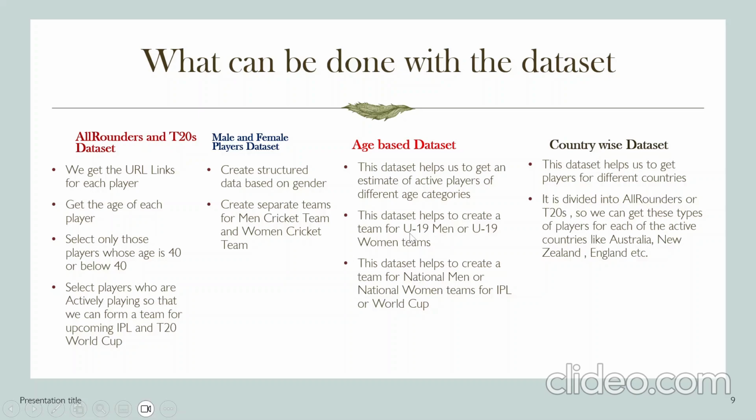And the cricketers who are older than 19 have the opportunity to get selected for national teams as well. Country wise data set is quite required during IPL to form different IPL teams. So there we have players from Australia, New Zealand, England, along with India. So a country wise data set can also be extracted.